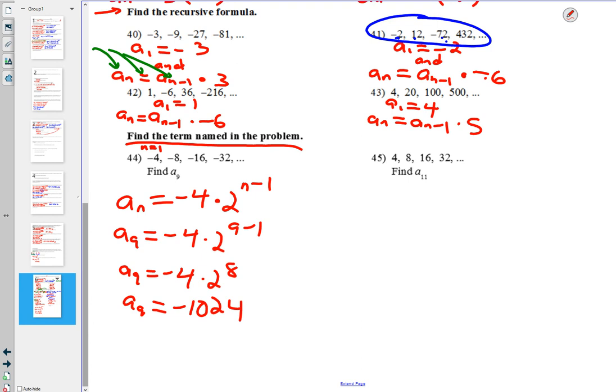Yeah. Here, any number is the first number times the common ratio, which here happens to be 2 to the n minus 1. So the 11th number will just be 4 times 2 to the n minus 1. If you use your fingers and one toe, 11 minus 1 is 10. Just put that into the calculator.